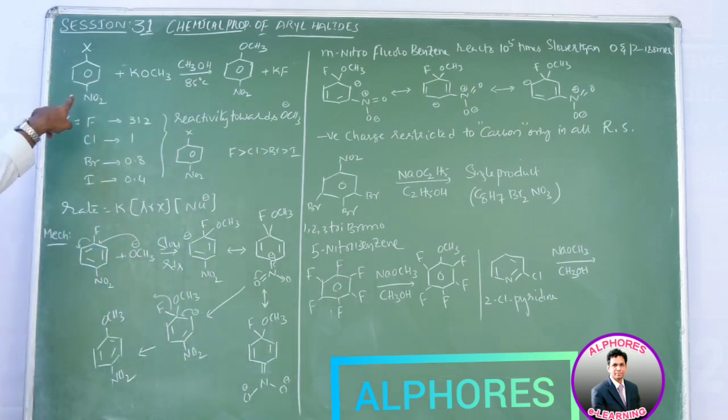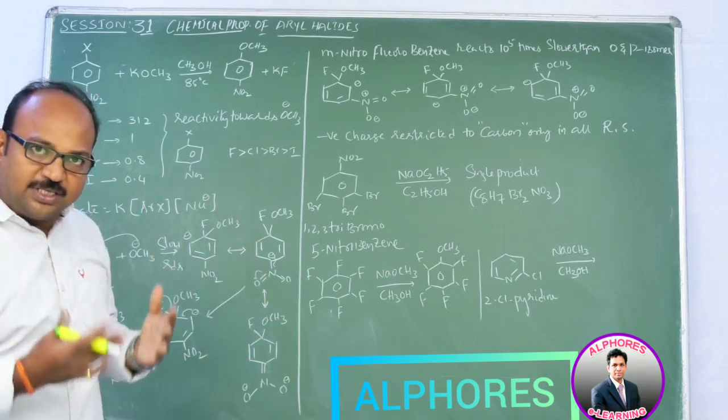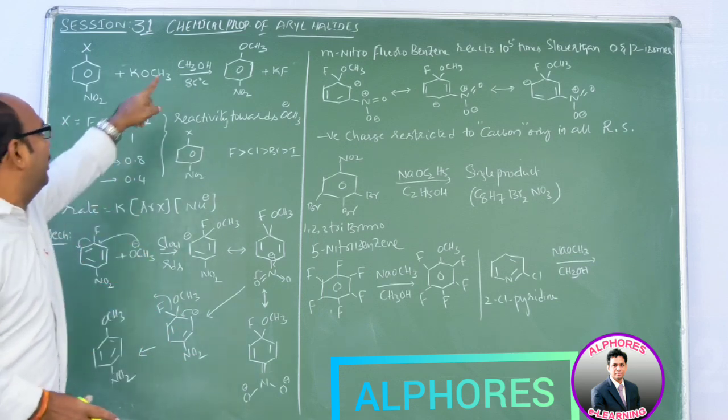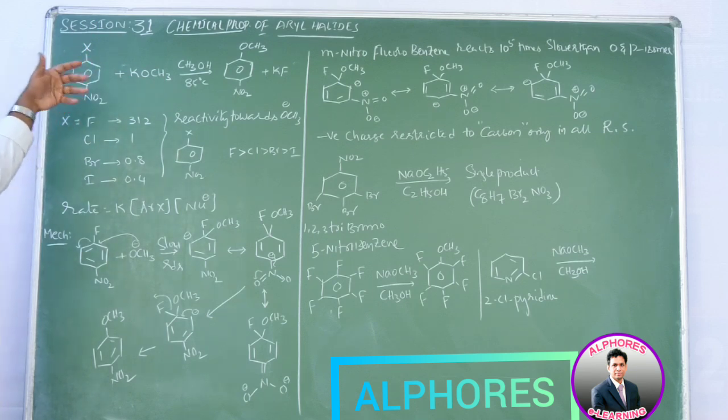Because the NO2 group is an electron withdrawing group, it facilitates the attack of the nucleophile OCH3 minus, or methoxide, upon the ring. Where will it attack? It comes and attacks the halogen-containing carbon only, and we get that product.